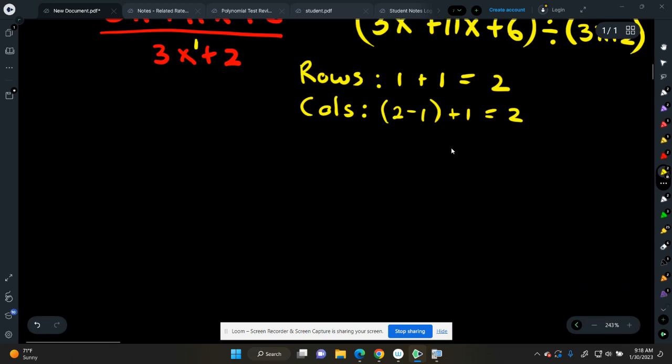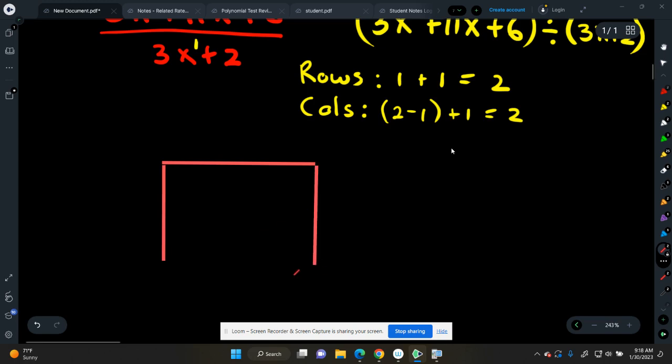Okay, so let's get our box. And I find it very helpful to make sure that I draw a nice square box if possible. Make all the boxes the same size. It makes it easier to follow the diagonal.